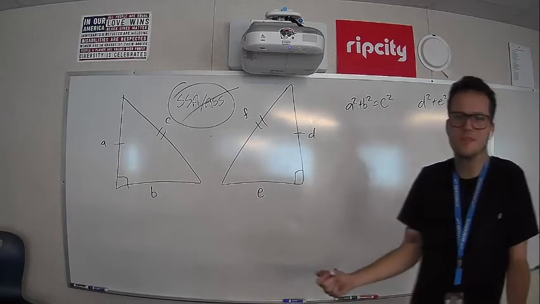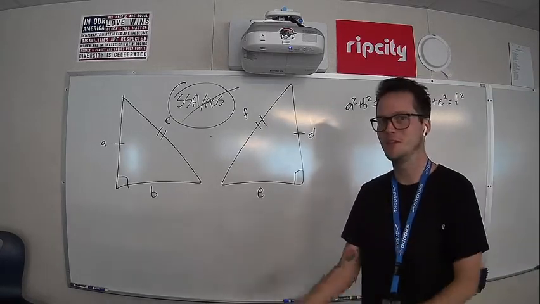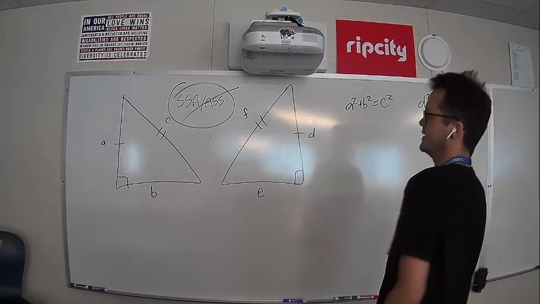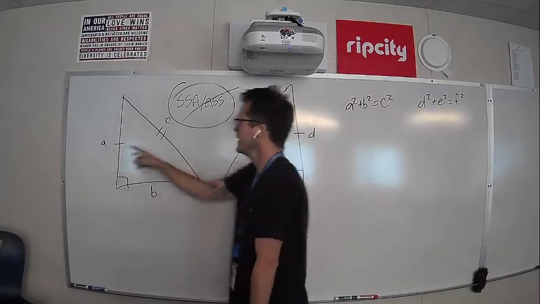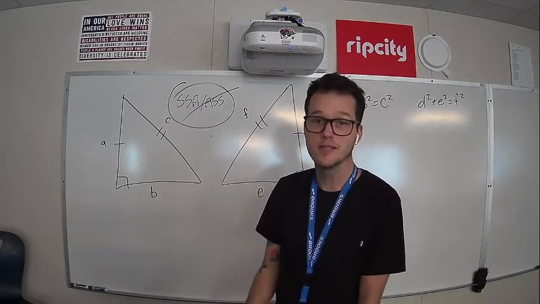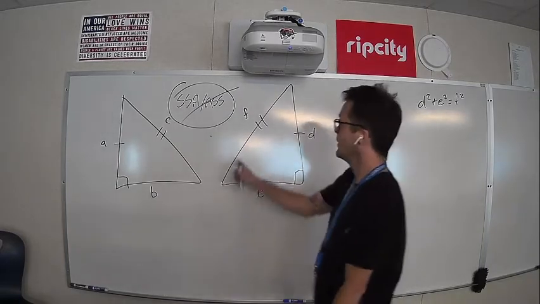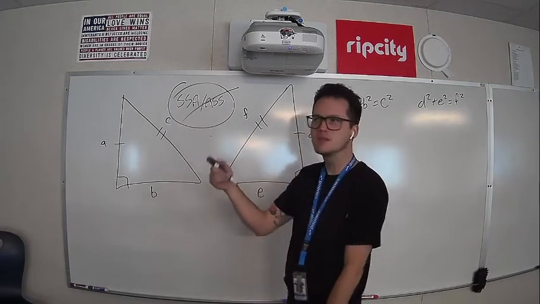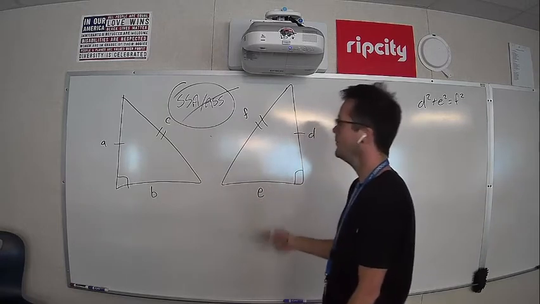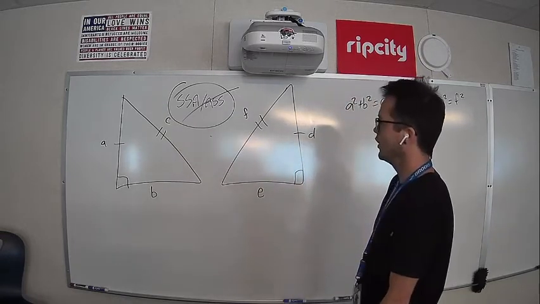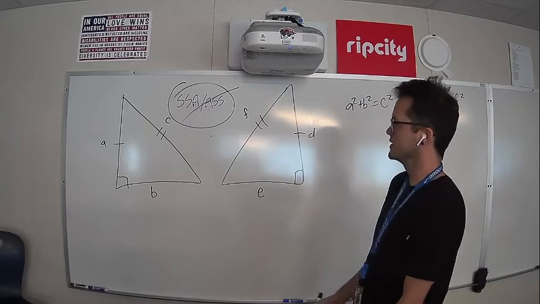Okay, no real surprises. I've just shown you Pythagorean theorem that you've done 100 times before, right? But what's different about this one is we are given the information that a and d are congruent sides, meaning those side lengths are identical to one another. In the same way, the hypotenuses of both triangles, c and f in this case, are also congruent to one another, so they have the same length.